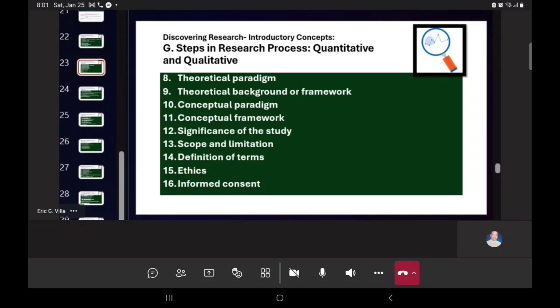And the making of informed consent is the final step. It protects participants' rights through clear communication of research purposes, documentation of voluntary participation, explanations of potential risks and benefits, and protection of participant privacy.